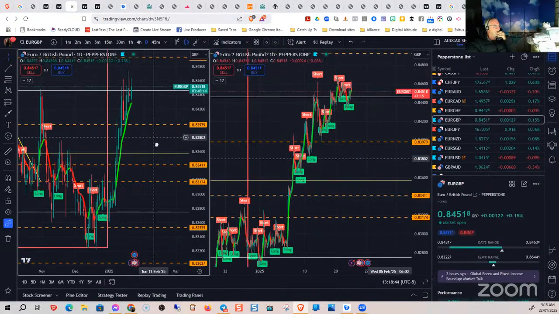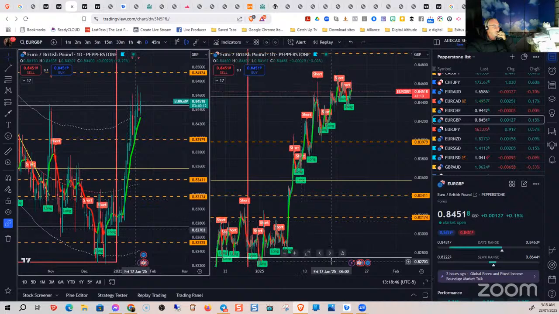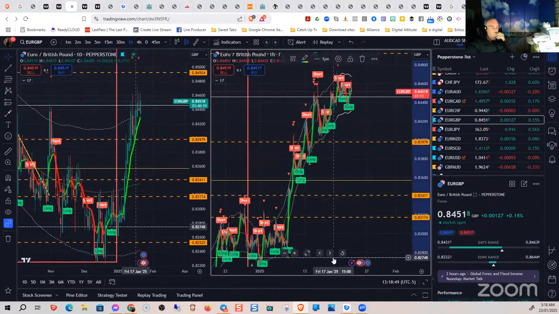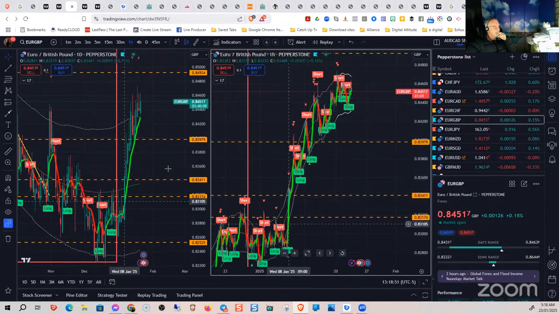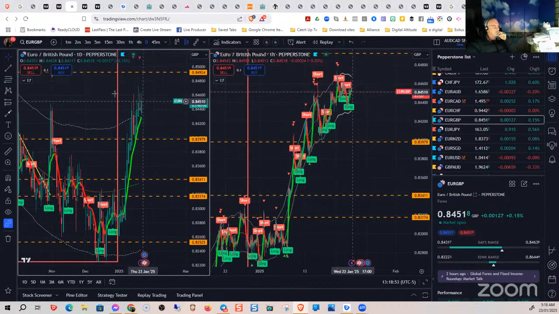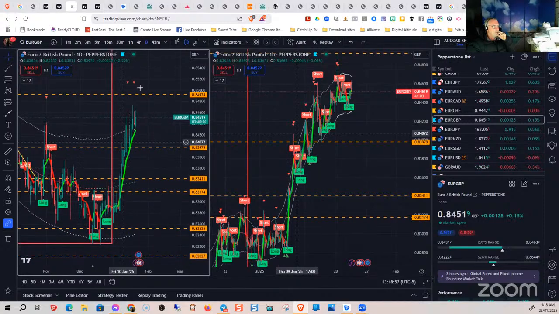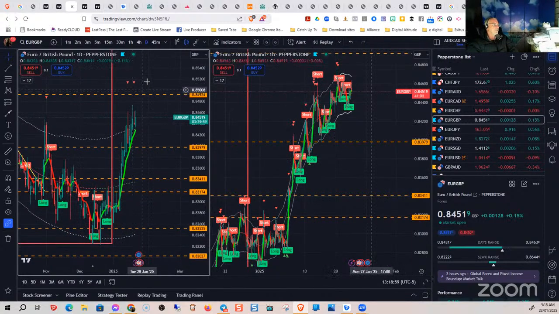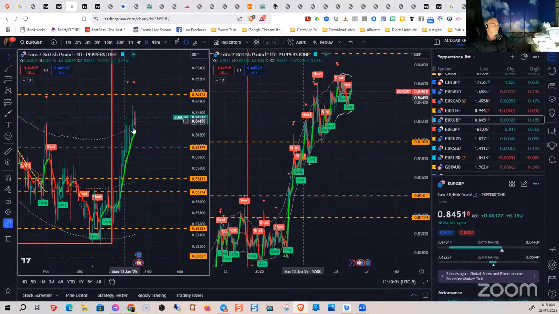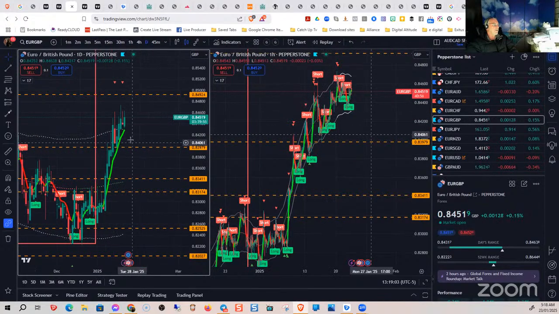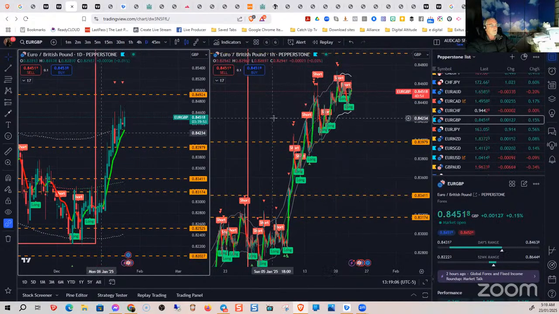Now, this has created a very nice push up. The issue for me, and it could push further, is we've got two red triangles, but we still have a green trend bar.